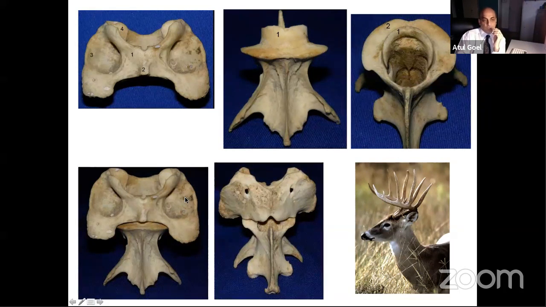This is the posterior surface of the arch of atlas, on which huge muscle attachments are there. The transverse process is quite big. This is the spinous process of the C2 and large transverse process of the C2 vertebra.